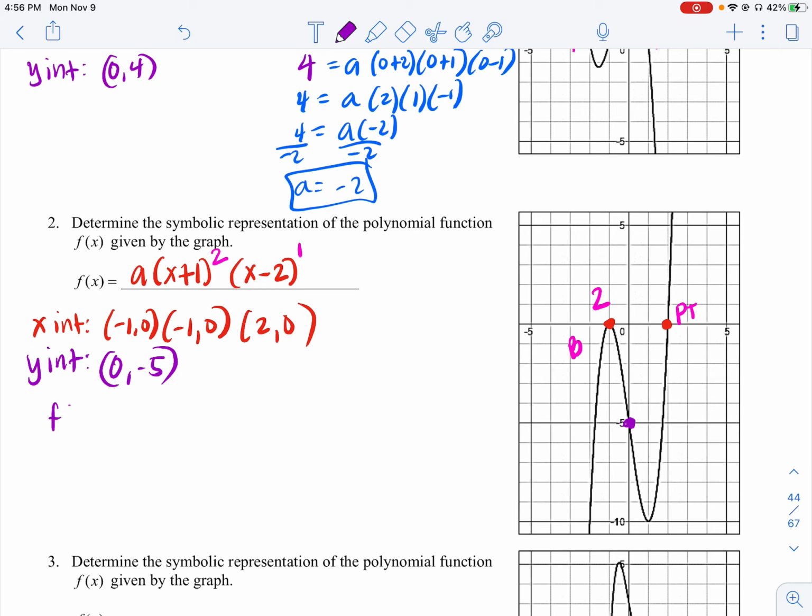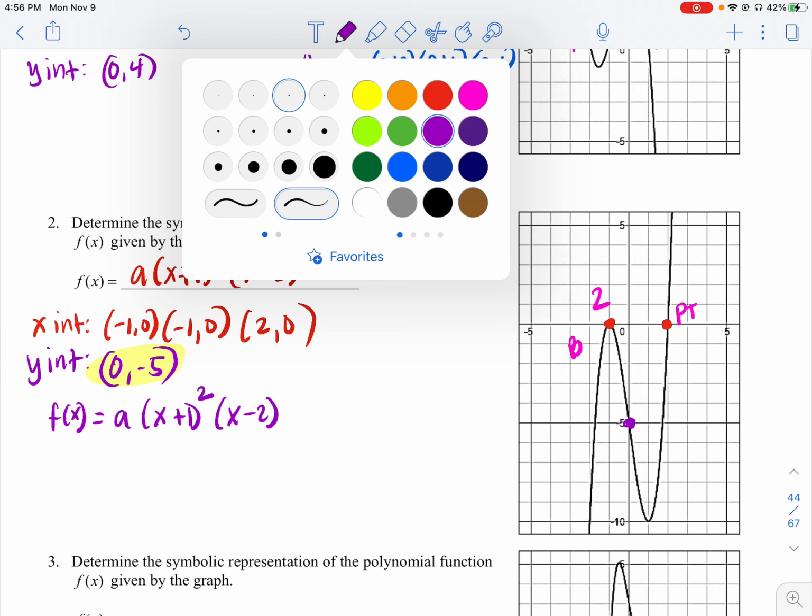So we have f of x equals a times (x plus 1) squared, because there's a bouncing behavior. It's used twice. And x minus 2, you don't have to put to the power of 1. And then we are going to plug in our 0, comma, -5. So let's plug that in.